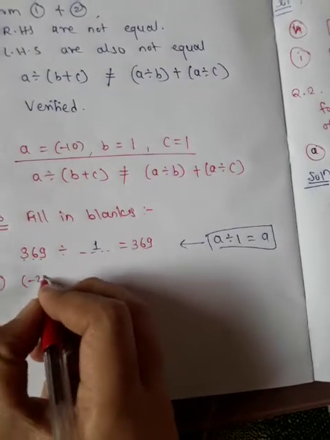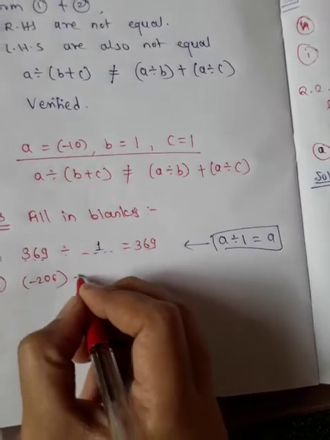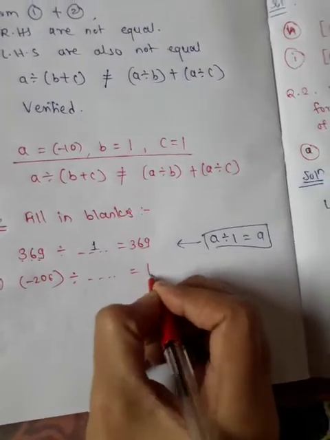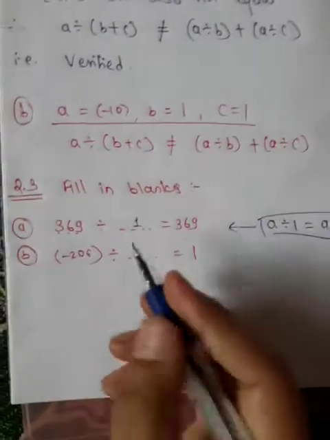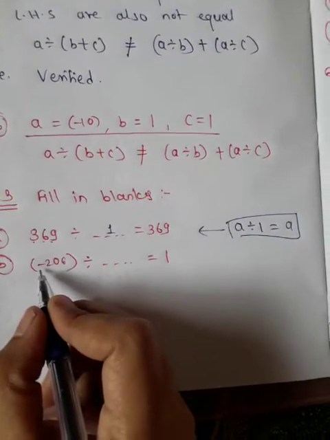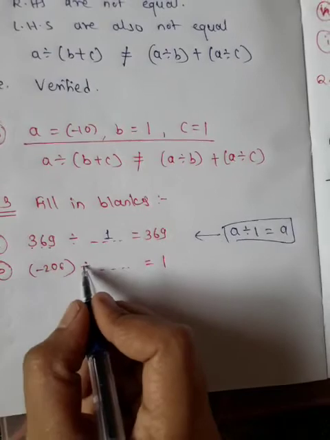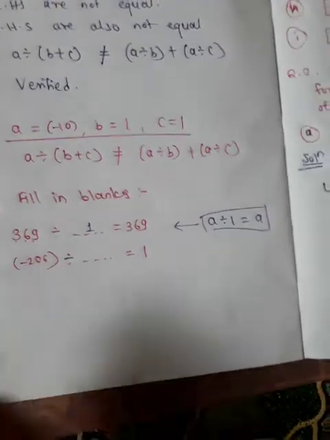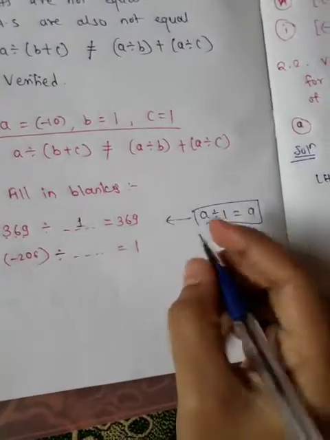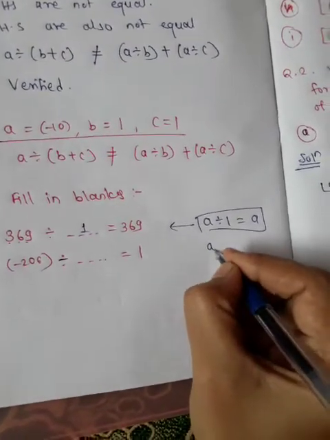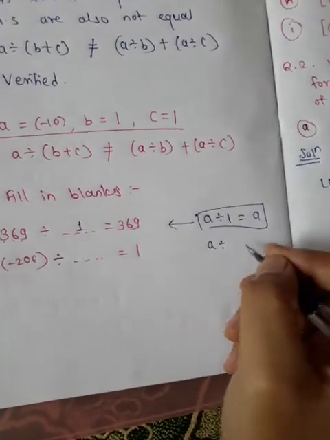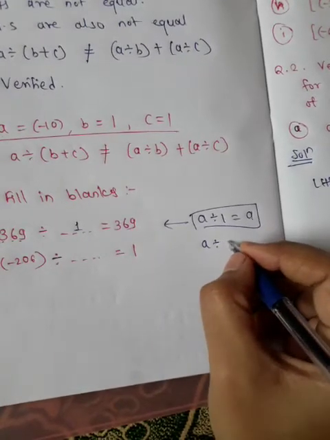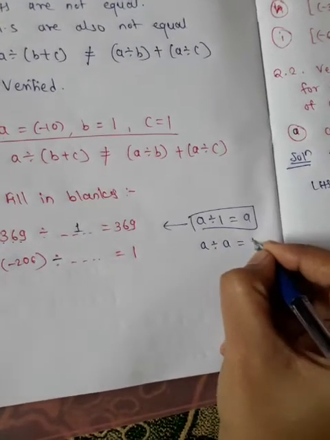So in a short time you have to fill these blanks. Okay, so minus 206 divided by dot dot dot gives 1. So here you also know the next property. When we divide any integer by itself, then it gives 1.